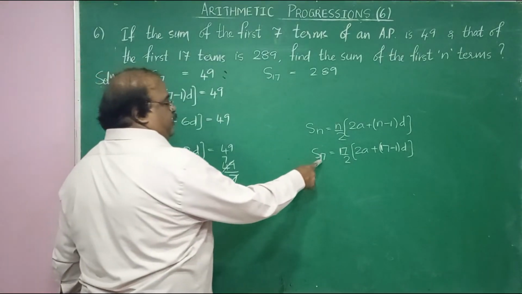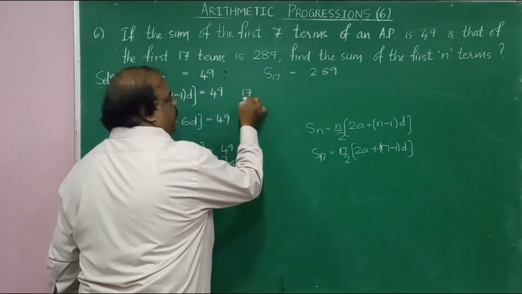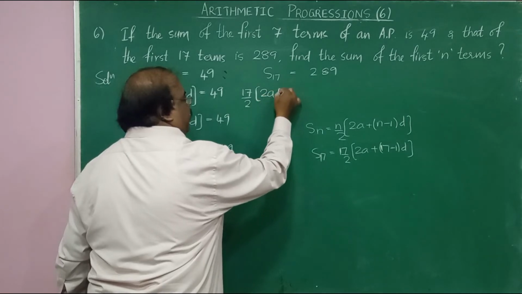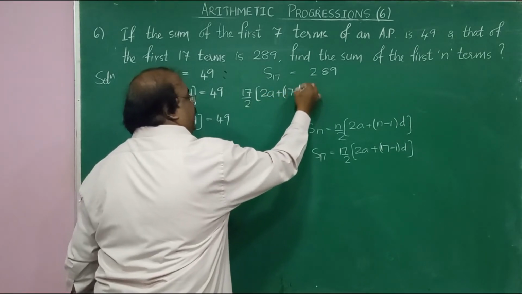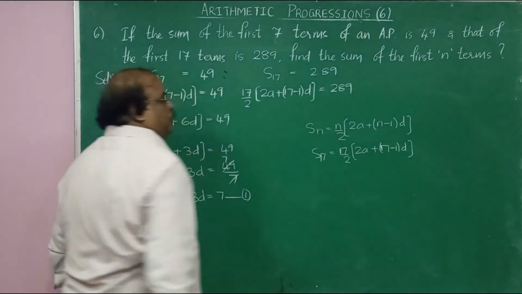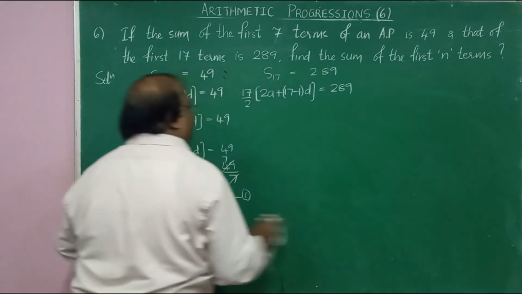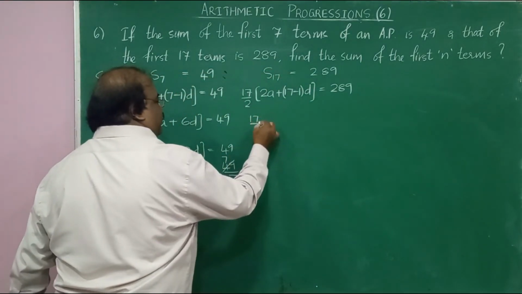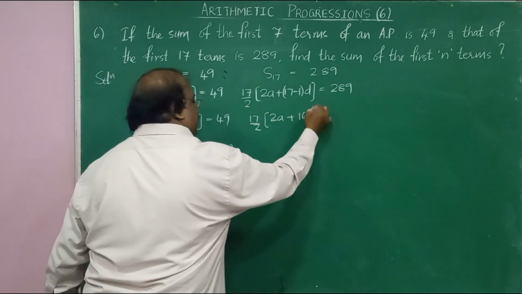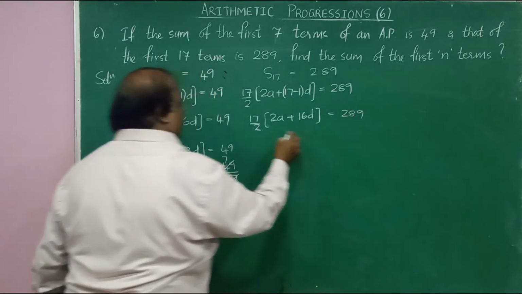So this you know is equal to 289. Once again, let me simplify. So you get 17 upon 2 into bracket 2a plus 16d is equal to 289.